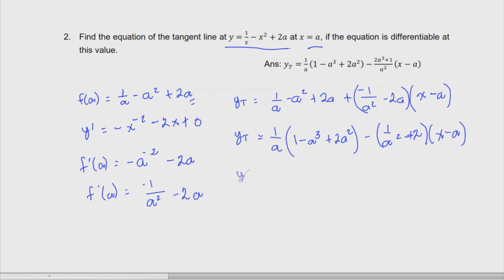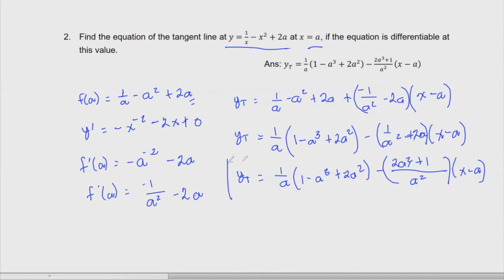We can also redefine this, so we have 1 over a, and then rewrite. Finally, this is the LCD, so we have 2a squared, and then plus 1. Should be 2a, that's why we have 2a cubed here. And then we have a squared, and then x minus a. Okay? So finally, we'll be able to get the same answer as this one.